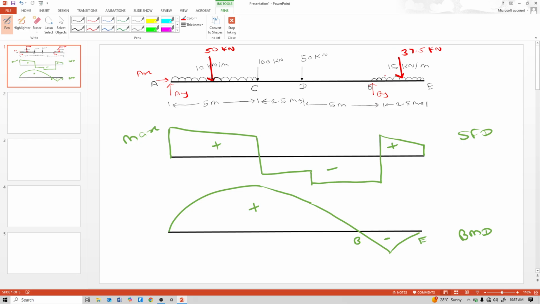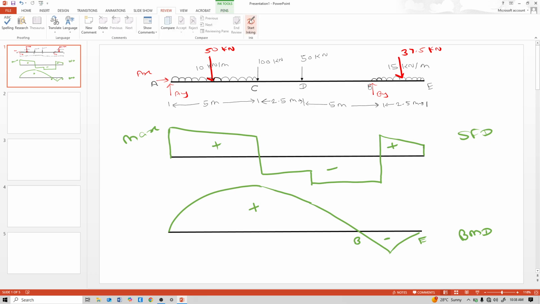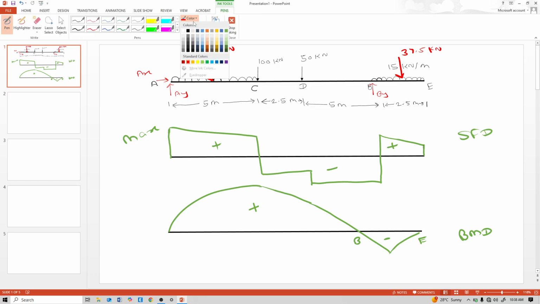So 50, 100, 150, and this is 5 meter. Total is 15 meter. So here, because the CG of load is somewhere here.